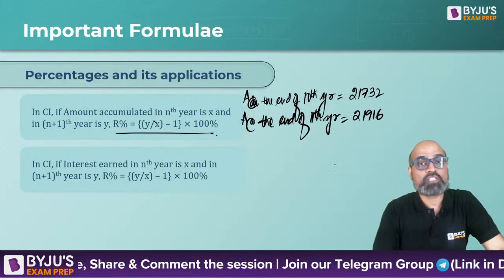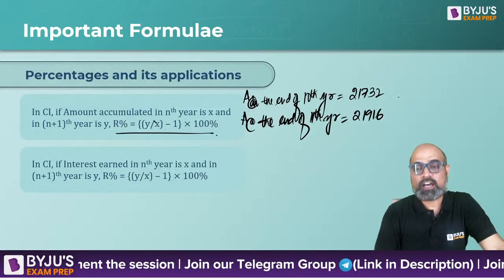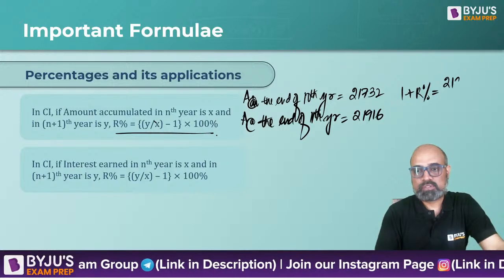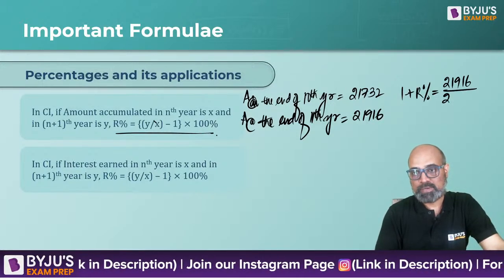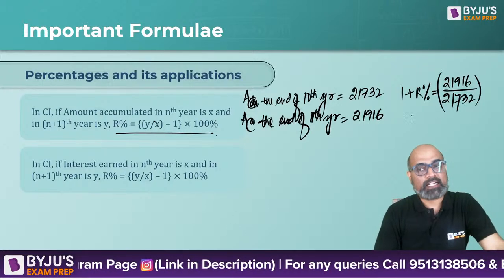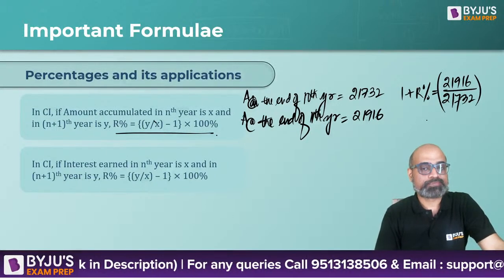If you're asked what the rate of interest is, all you have to do is divide these two numbers, which will be calculative, I completely understand. But that's the only way you can go about this.